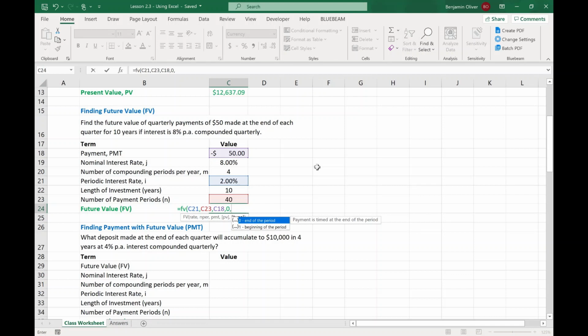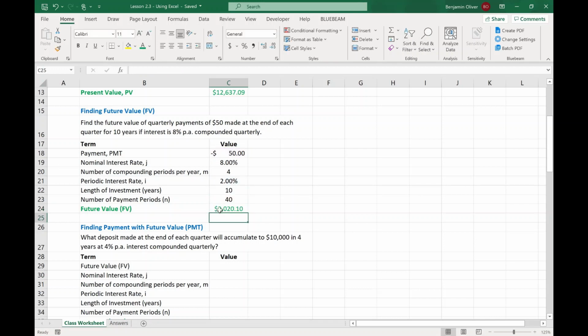The standard is end of the period, so we're not going to talk about annuities due right now. So I'll type in 0, finish with our right bracket and press enter. You'll see it comes out as a positive number once again because our payment, our outflow of cash, was inputted as a negative number. So that's using the future value formula.